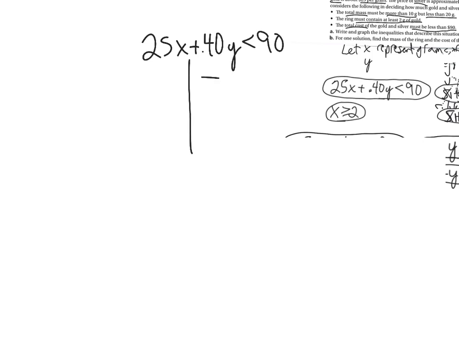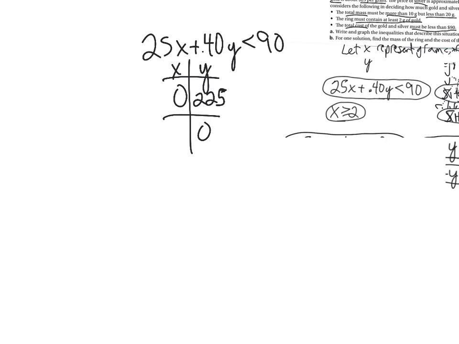So if we take this inequality, X and Y are on the same side, so intercepts would be the easiest route. If you put a 0 in for X, divide by 40 cents on both sides, you'll get 225. So one option with our cost would be no gold and 225 grams of silver.